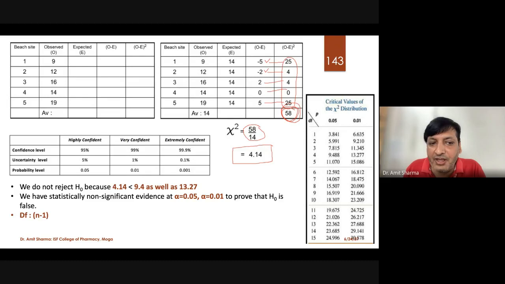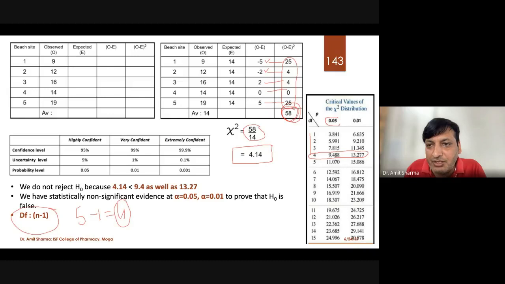Now, degree of freedom, again n minus 1. Total sample size is 5. So 5 minus 1, we have got 4. So at degree of freedom 4, we'll see what the value is. This is the degree of freedom, this side, and this is the value. Now we are using 2 alpha levels.